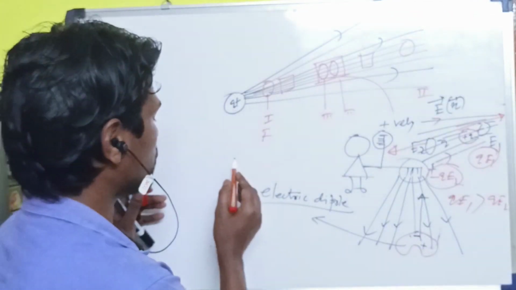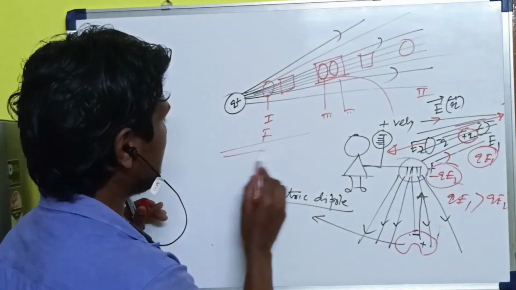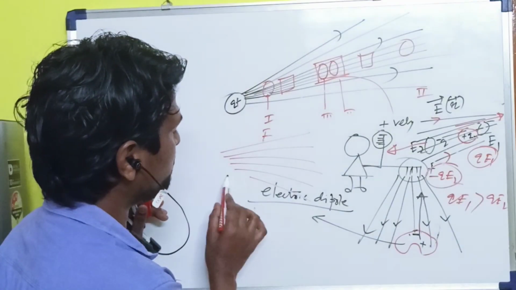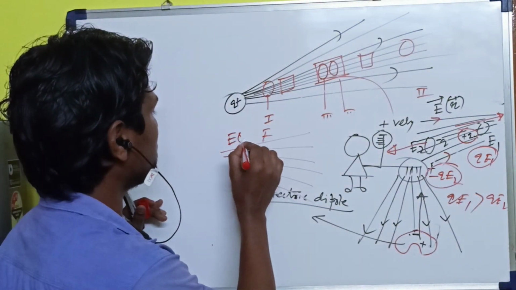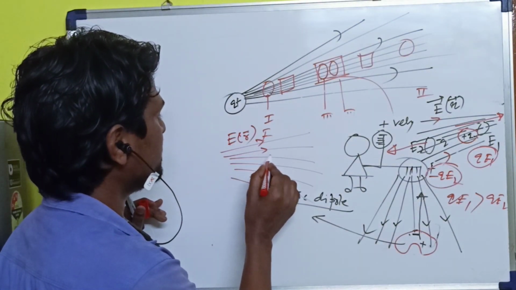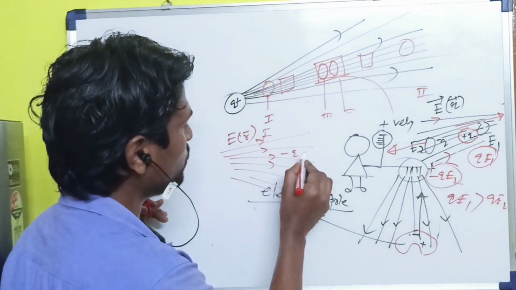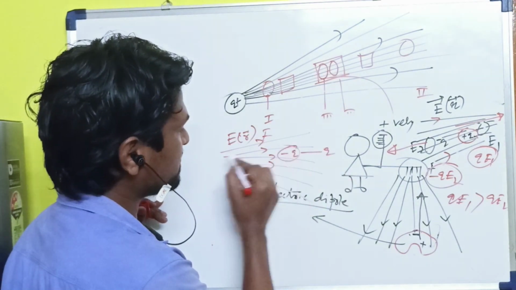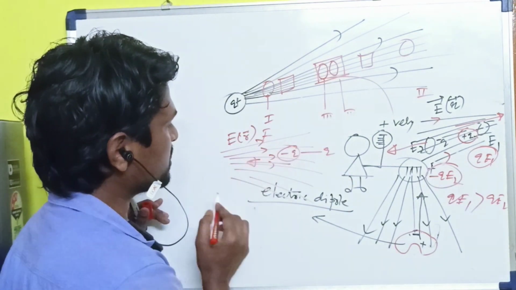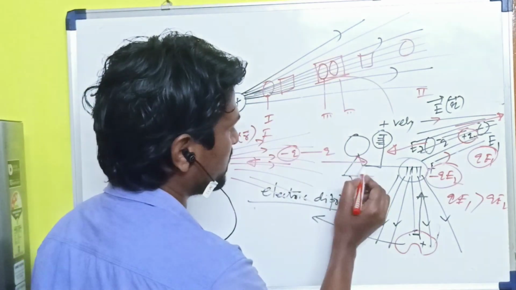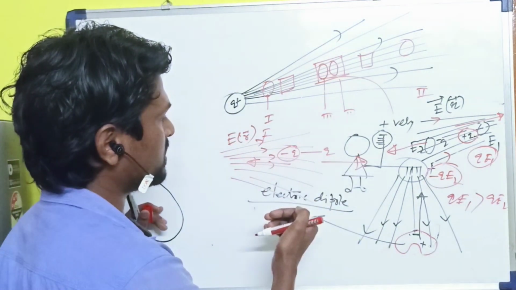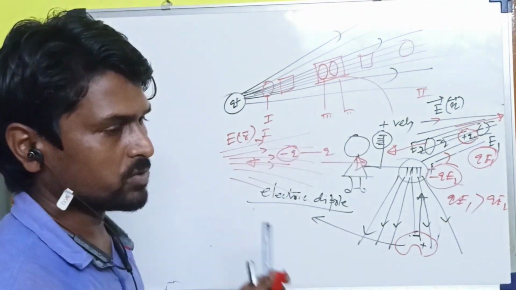And if the field lines are the other way, then the minus Q is attracted in this direction with a greater influence and the plus Q with a lesser influence, and that particular dipole moves opposite to the electric field.